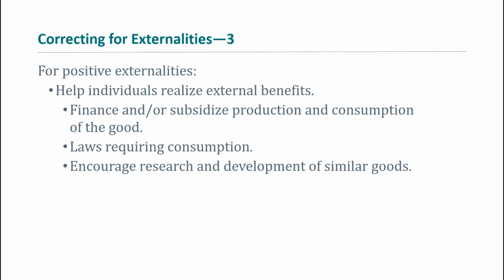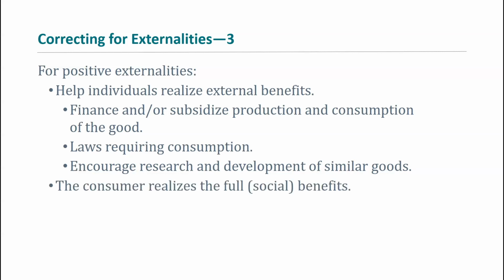So we can encourage more folks to get into this market and produce more of the similar goods. All the while, the goal here is that the consumer realizes the full social benefits of whatever market activity they're involved in, and their demand curve shifts to the right.